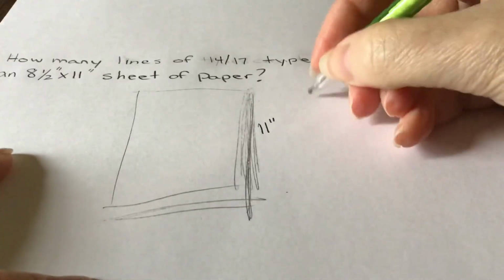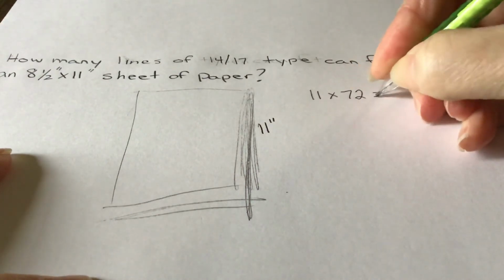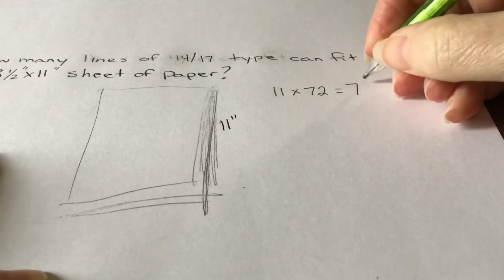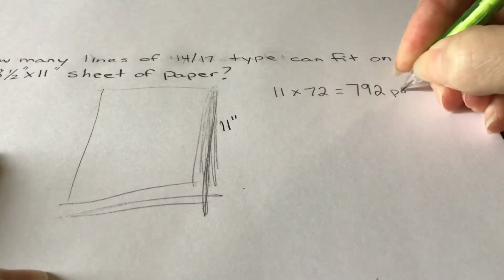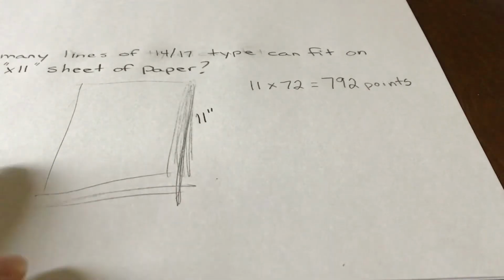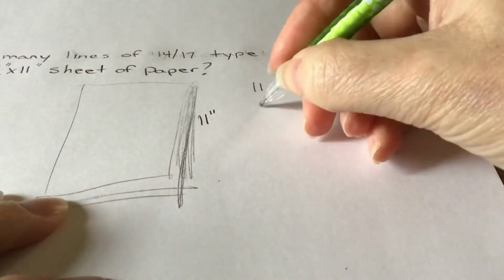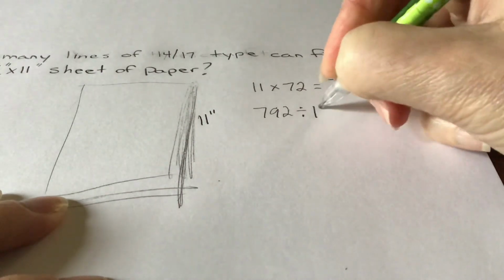So the very first thing you need to do is turn this 11 inches into points by multiplying it by 72. So 11 times 72, and you would know to do that from a previous lesson if you did the other assignments. So now this is points. Okay, and to determine how many lines would fit, you take this 792 and you divide it by 17.